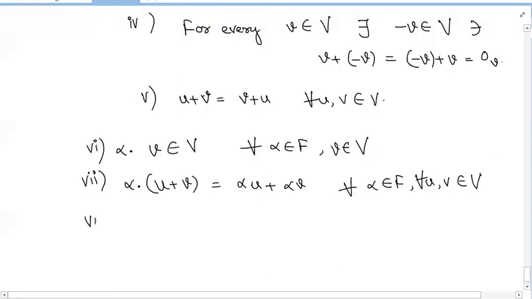Another way, we should have (alpha plus beta) times u, that means scalar multiplication dot, is equal to alpha dot u plus beta dot u.